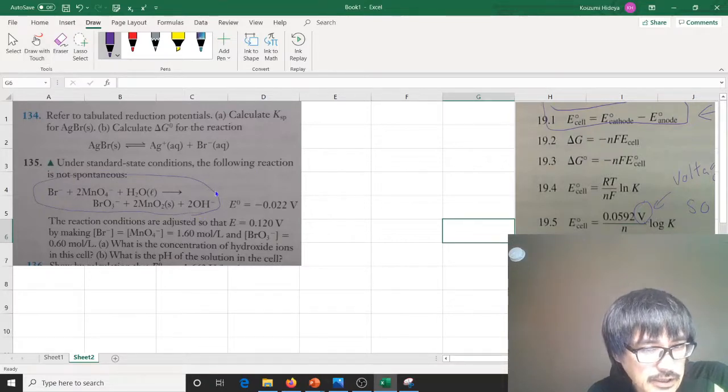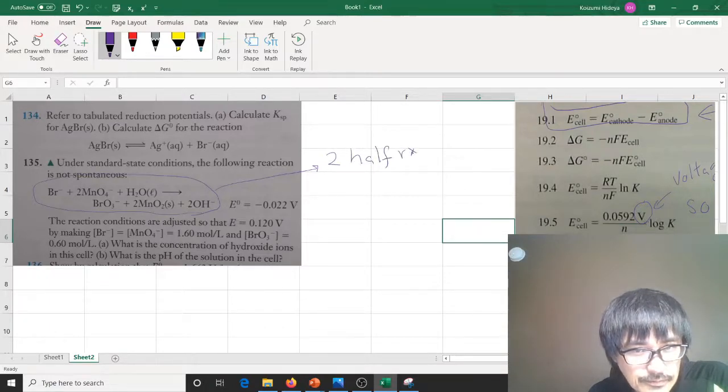Starting out with this, what you need to do is separate two half reactions. So that's the first step, right?